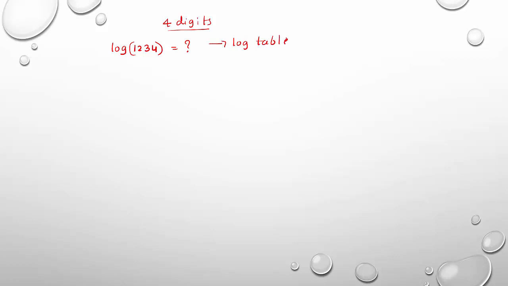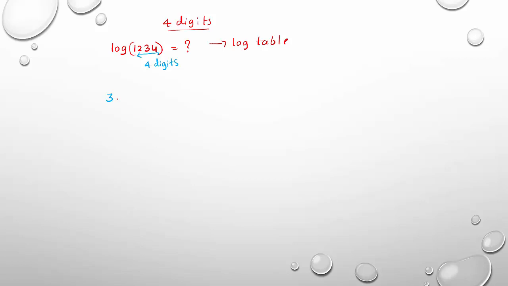Now I will tell you how to use the log table. Now you can observe how many digits are there in the given problem. There are totally 4 digits. Now the first point is, 4 digits are there in the given problem, so with that we have to subtract 1. 4 minus 1 is how much? 3.